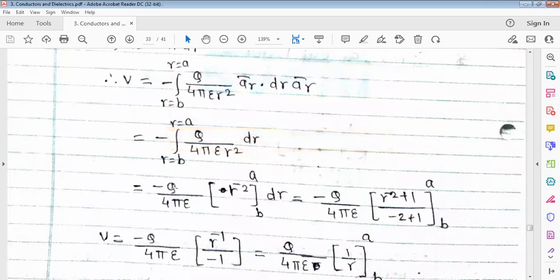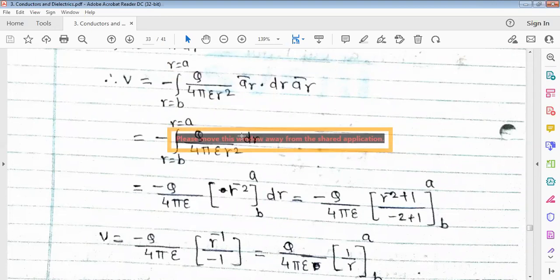So it is equal to minus q upon 4 pi epsilon 0 outside into the integration of dr upon r square. I'm taking this in the numerator, so it is r raised to minus 2 into dr. Actually, the integration sign should be the same as it is; this was by mistake.